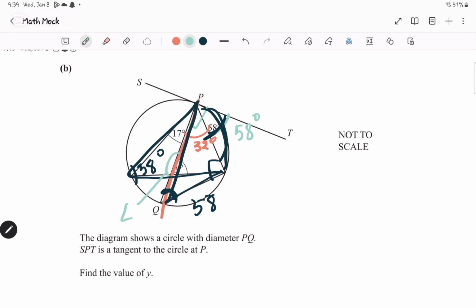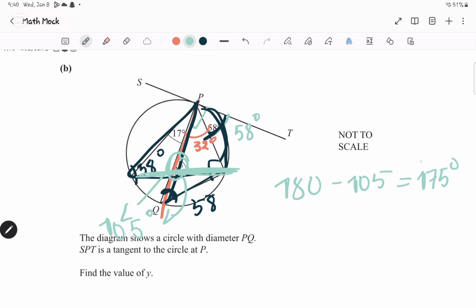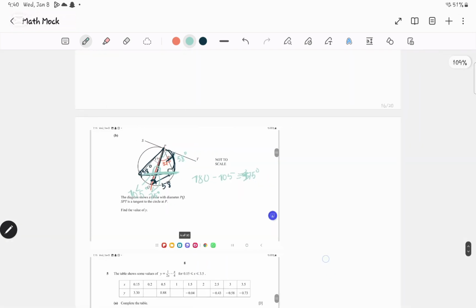You are gonna get 105 degrees. And to find this angle x, since it is a straight line, we're gonna do 180 minus 105, and it is gonna give us 175. Sorry, without the 1, it's gonna give us 75 degrees. So 75 degrees. And that is it for question number 2.